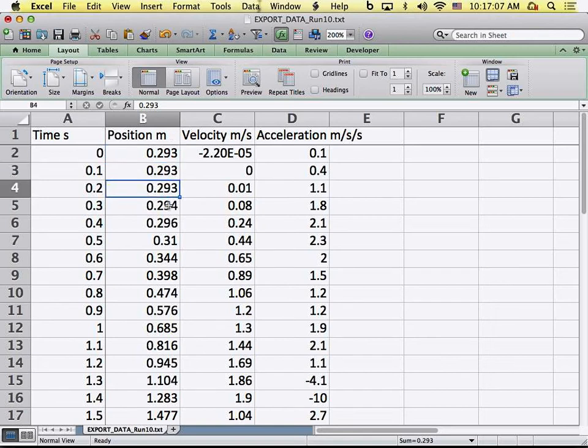Constant, pretty constant, and then boom, now the position begins increasing. So when I see that change in position, that's when I know everything started. So I know my trial started at about 0.293 meters, which means my trial should finish, assuming I'm going for 1 meter, at about 1.293 meters. So I go down and see, there it is, 1.293 meters.